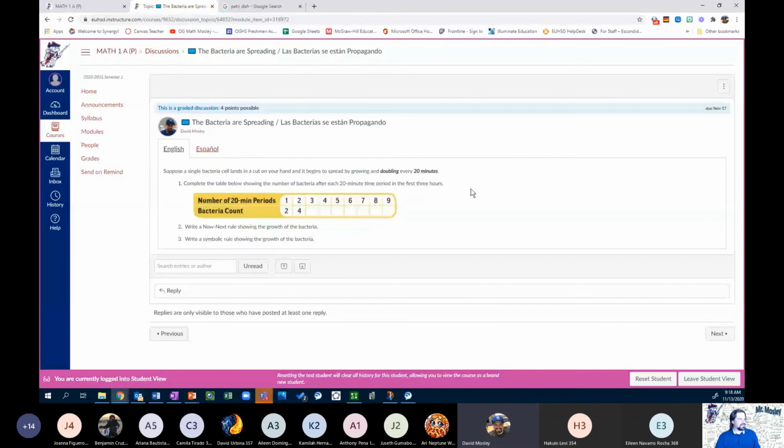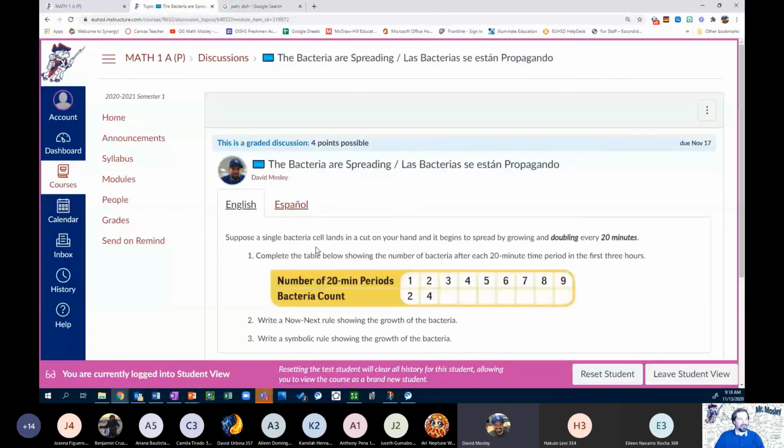All right, so suppose a single bacteria cell lands in a cut on your hand and it begins to spread by growing and doubling every 20 minutes. So you've been provided with the rate of change, a start value, and a time period.